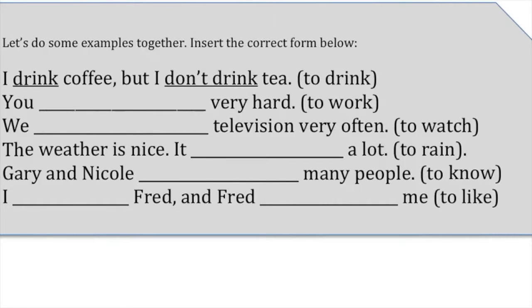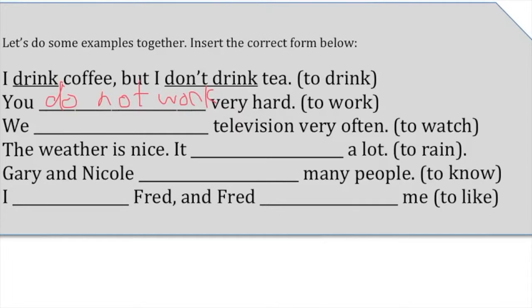You should be thinking do. So I'm going to write it right here. You do. And the negative is not. You do not. And we need the verb now. Work very hard. You do not work very hard.